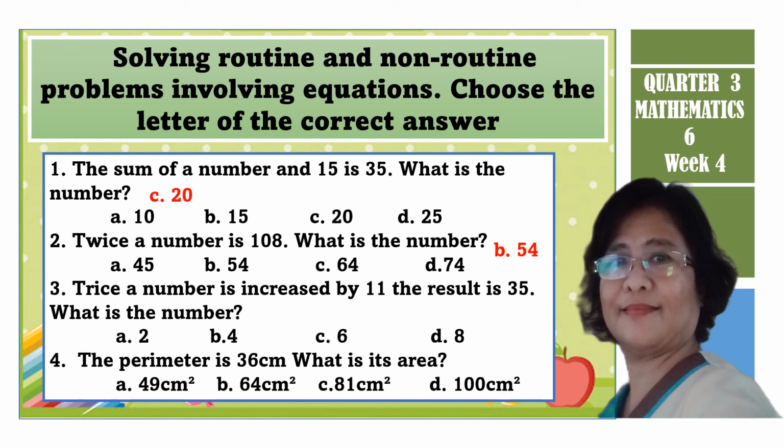The answer is letter B, 54. Let's go to number 3. What is your answer? The correct answer is letter D, 8. And the last number, the correct answer is letter C, 81.